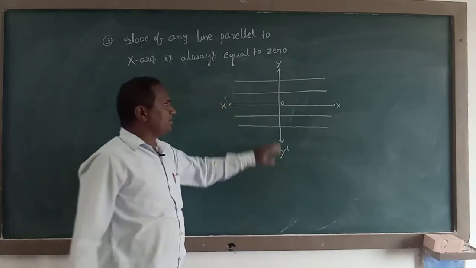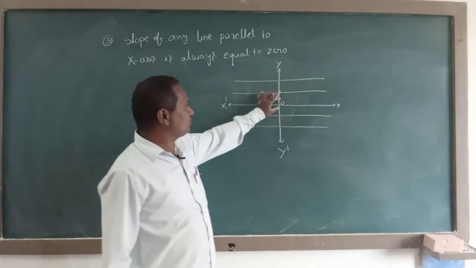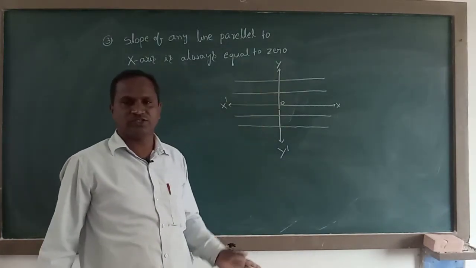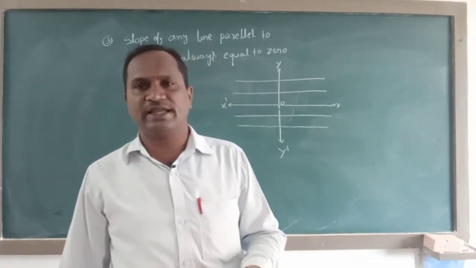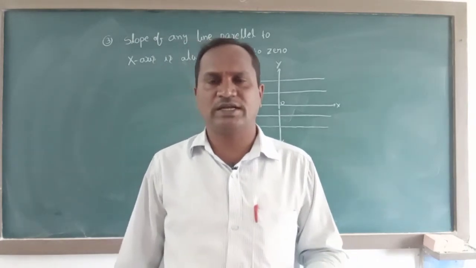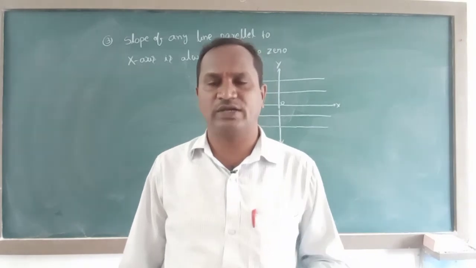The angle made by all these lines is 0 degrees. That's why with 0 degrees, m is equal to tan 0, which means 0 only. That's why we have theta is equal to 0 and m is equal to 0 only here.